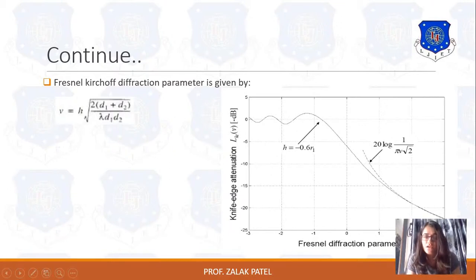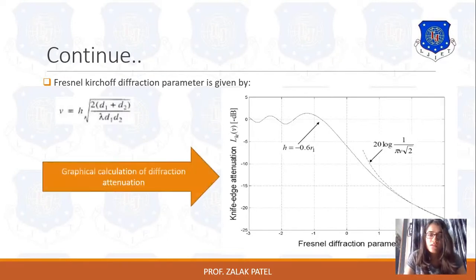For knife edge attenuation at 0 dB level, it keeps increasing from -3 to -2 and -2 to 1, and it further increases when we reduce the attenuation. So attenuation should be at a lower level to increase the Fresnel diffraction parameter V. This relation is a graphical calculation of diffraction attenuation.